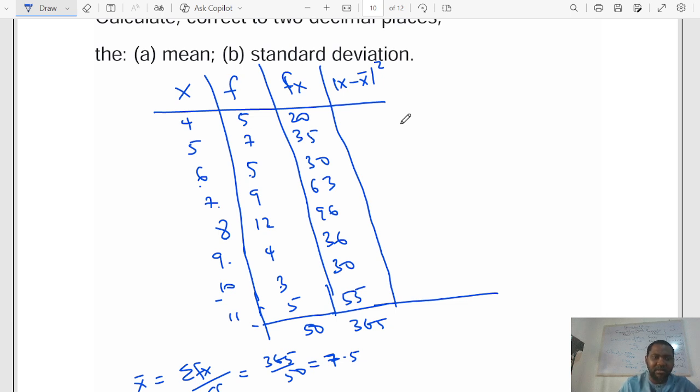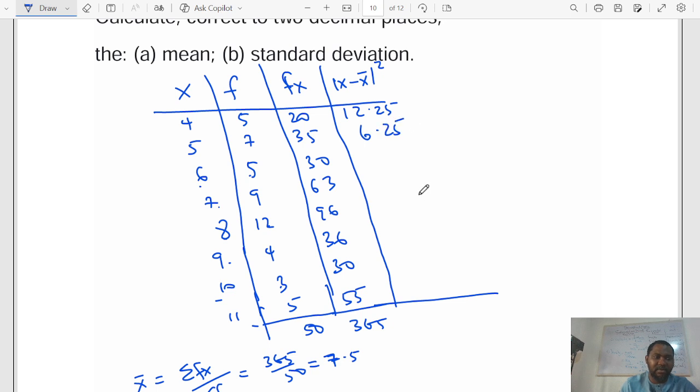So 4 minus 7.3, then you square it, you're going to get 10.89. The next one is 5. When you say 5 minus 7.3, then you square it, you're going to get 5.29.